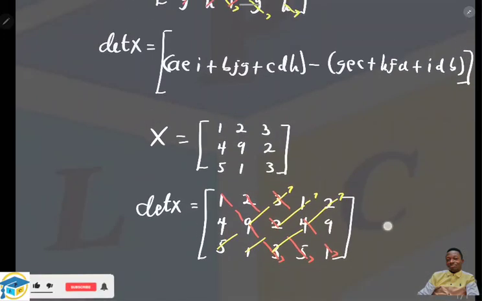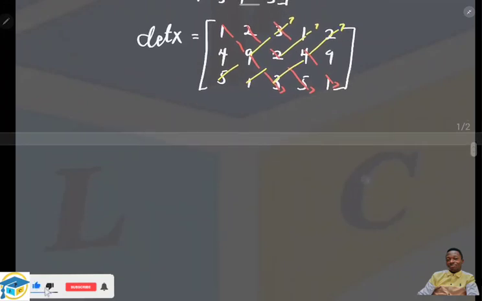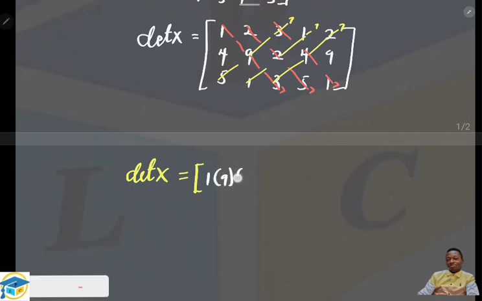By this we will say that the determinant of X should be equal to the product of the downward diagonal. So we have 1 multiplying 9 multiplying 3. Then you say plus.